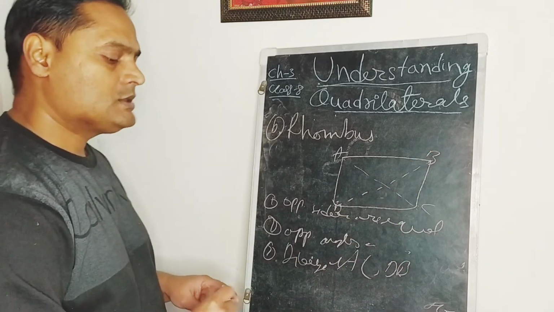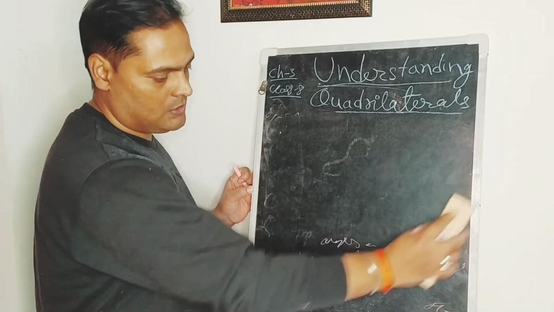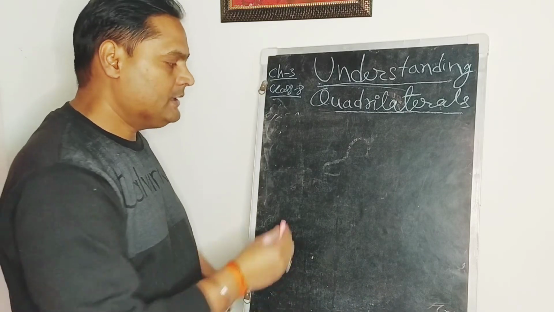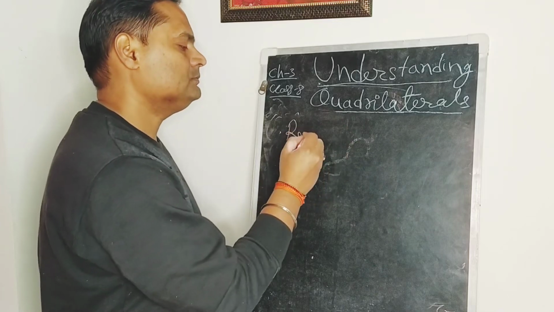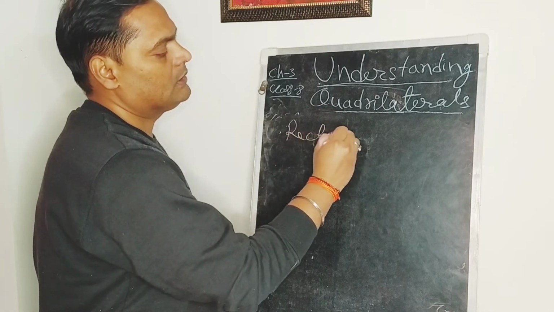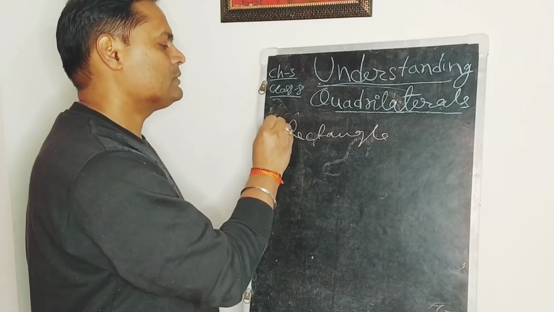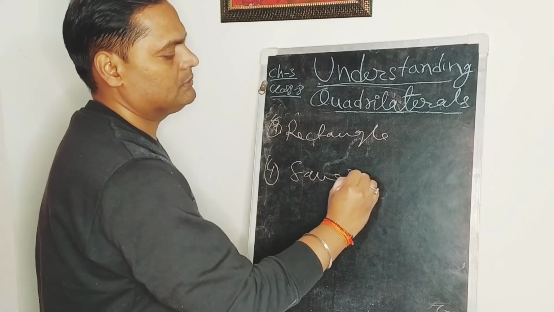So like this we are able to verify, or you can also write the properties of the other quadrilaterals like the rectangle, let's suppose this is third, this is fourth, and a square as well.